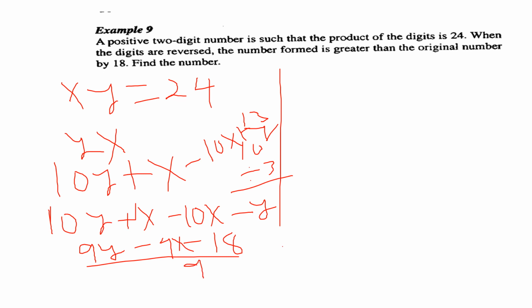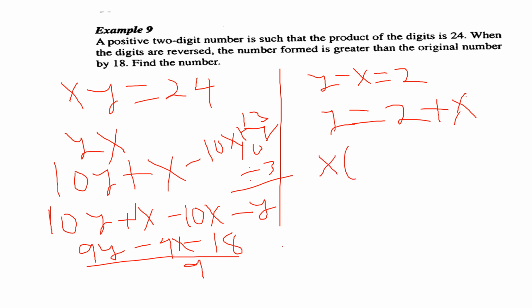So here we have 10y plus x, then minus 10x plus y. So if we collect the like terms here, we are going to have 9y minus 9x is equal to 18.